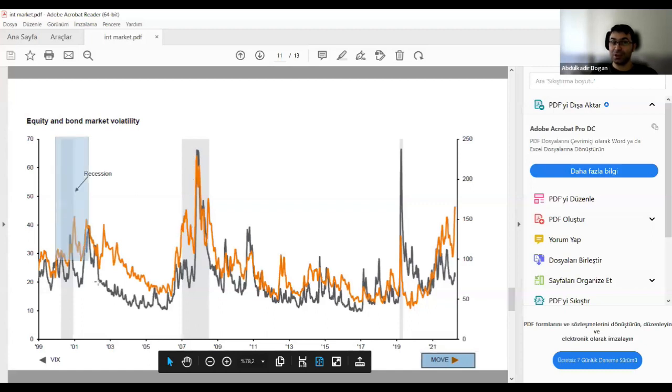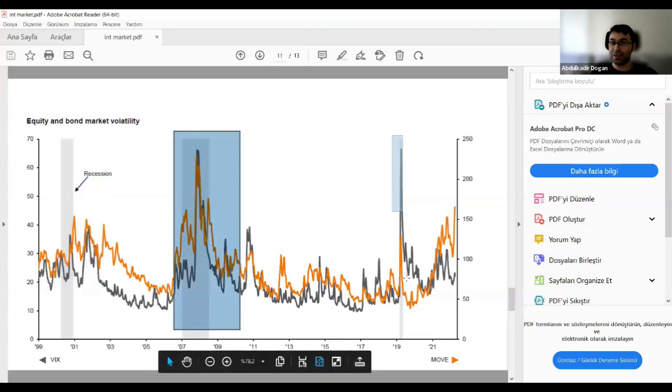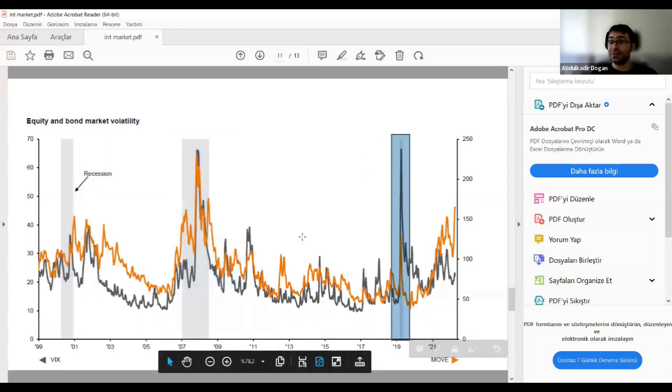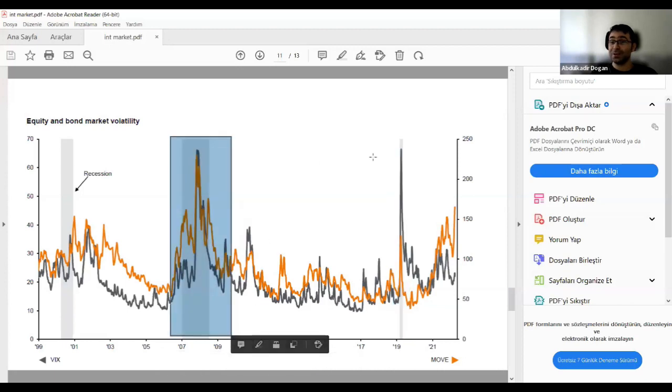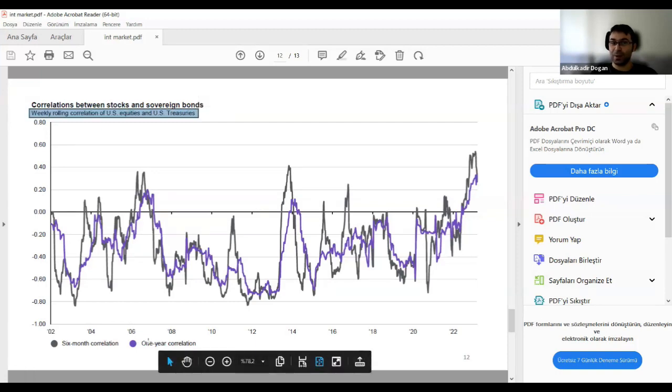And during the recession, as you see, if there is a recession and there is fear in the market, the VIX volatility index, the fear index, will reach its highest level. And the correlation between stock and sovereign bonds, the weekly rolling correlation of US equities and treasuries, as you see, 6-month correlation and 1-year correlation, they have huge correlation and it is on the negative side.